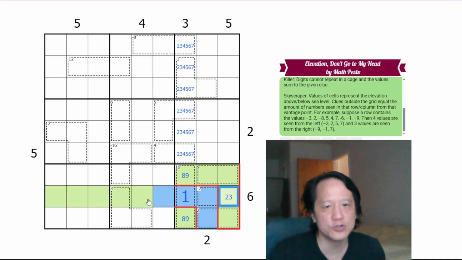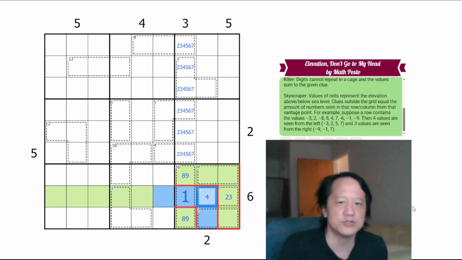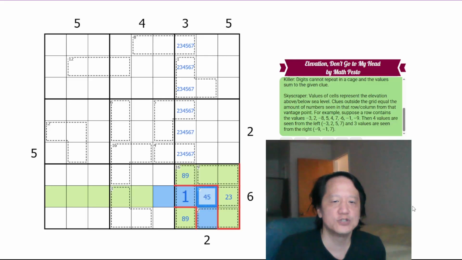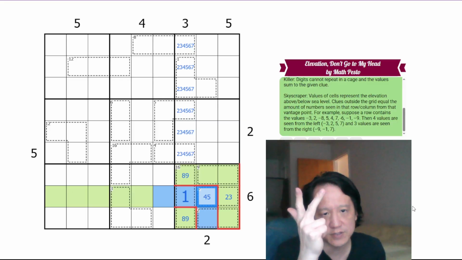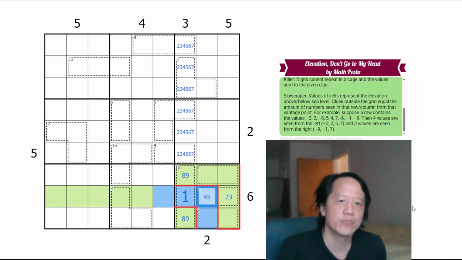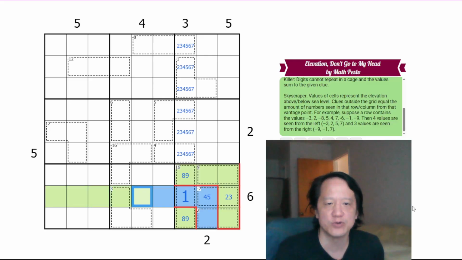So we could have 2. If this is 2, this is 4. If this is 3, this is 5. So if this is 2 and 4, we have 3, 5, 6, 7, 8, and 9 available. So this digit must be less than this, which is less than this, which is less than this, which is less than that, but it must be greater than the 2 or 3.